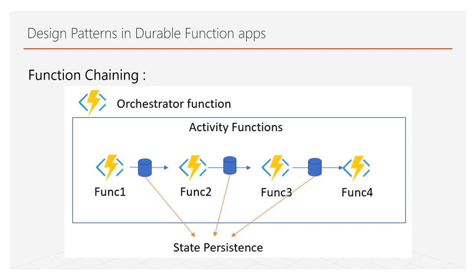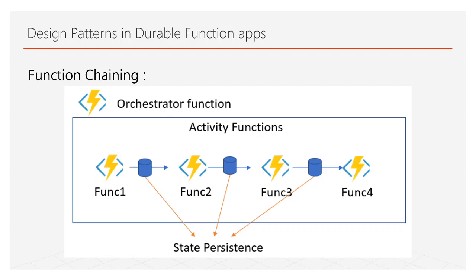Now it is the responsibility of the orchestrator function to call activity function 2 by omitting the functionality of activity function 1. How exactly will it be done? If you have 10 lines of code in the orchestrator function, for each line it maintains a cache memory in the queue storage.